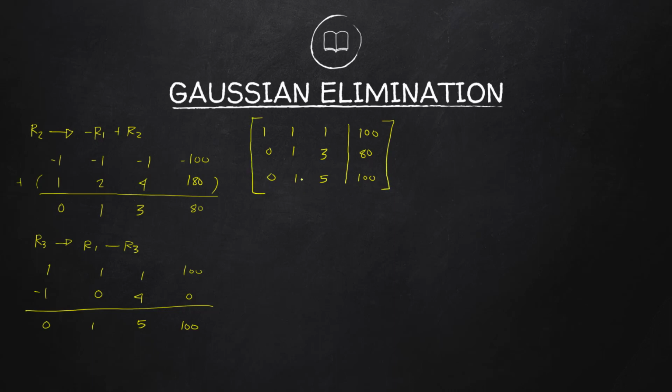Next, we need to eliminate the second coefficient of the third row. So we have R3. To do that, we will negate the second row and add the third row. This will be 0, negative 1, negative 3, and negative 80.